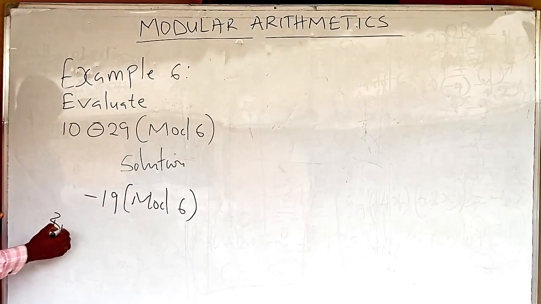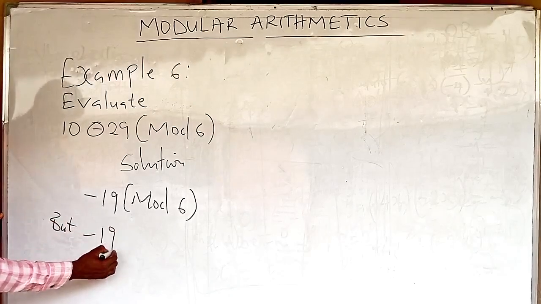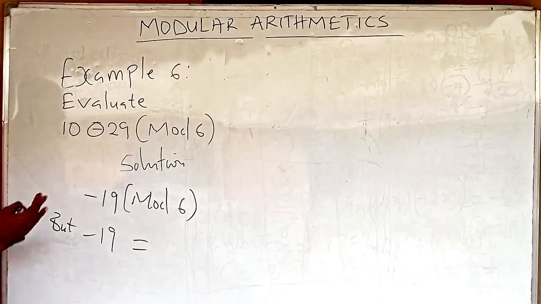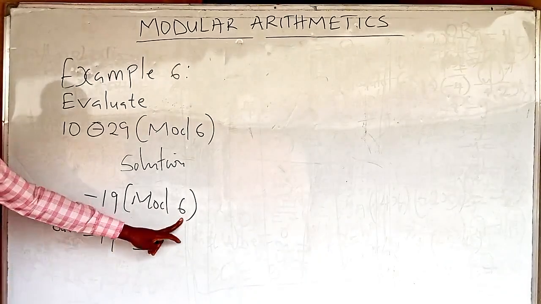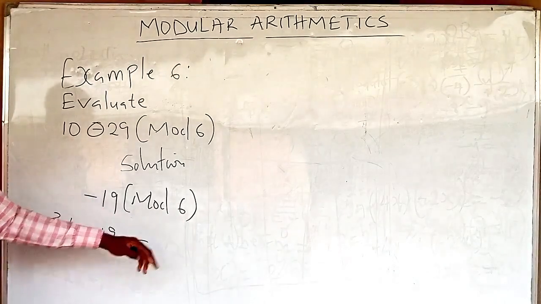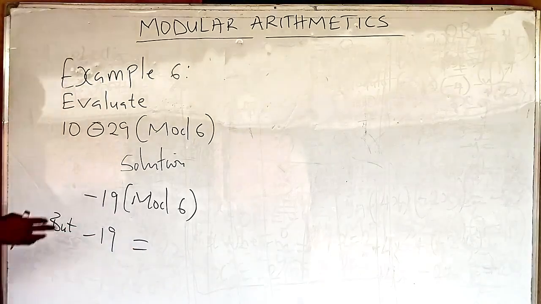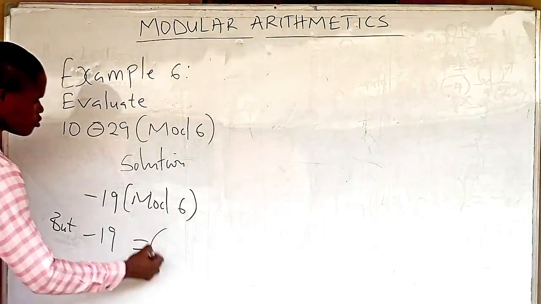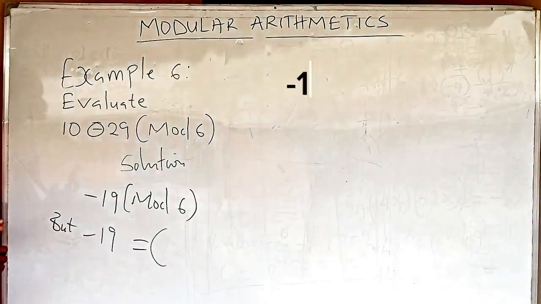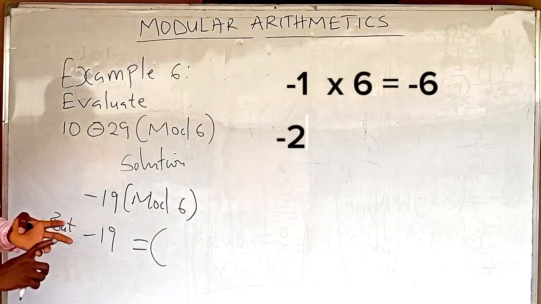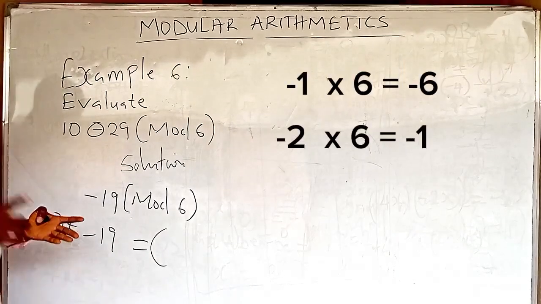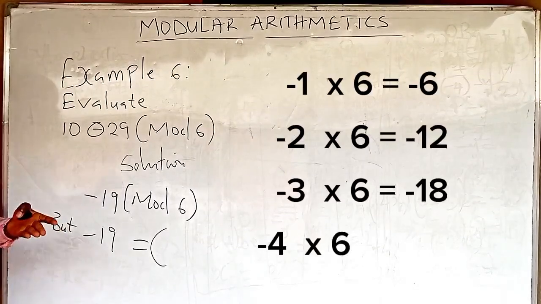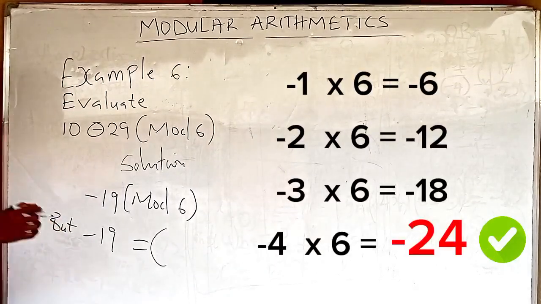So minus 19 is equal to, we're in modulo 6, we're going to multiply 6 with negative integers until we get a number that is immediately less than minus 19. So let's go. Open our bracket. Minus 1 times 6 is minus 6. Minus 2 times 6 is minus 12. Minus 3 times 6 is minus 18. Not yet there. Minus 4 times 6 is minus 24.